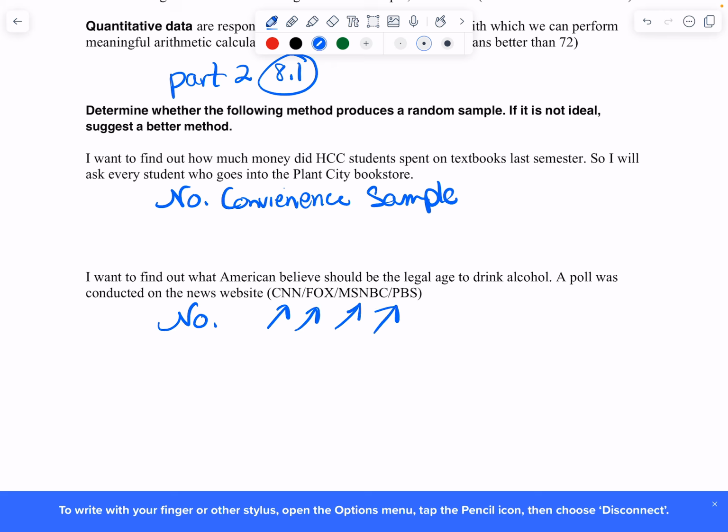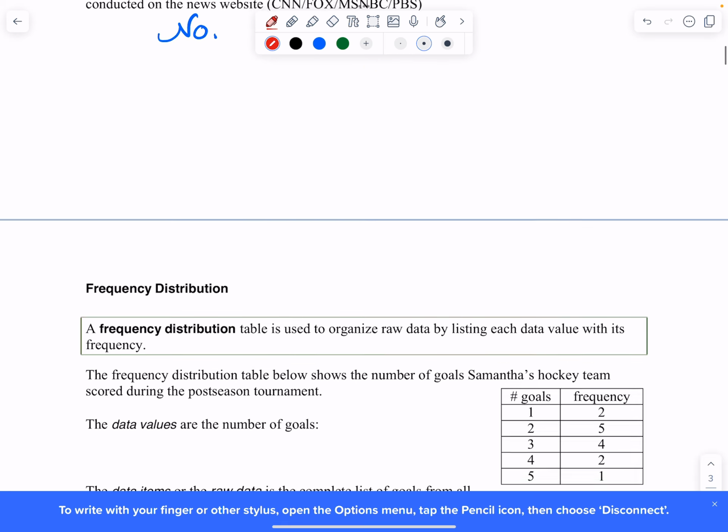We're not talking about every single American. Again, when we talk about random sampling, is every single person equally likely to be chosen? And the answer again is no, because there are some people that do not watch CNN, Fox, MSNBC, or PBS.